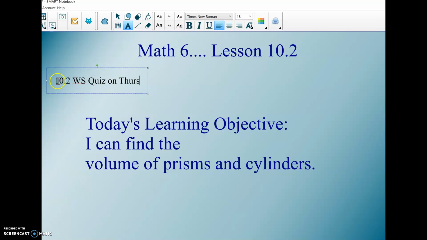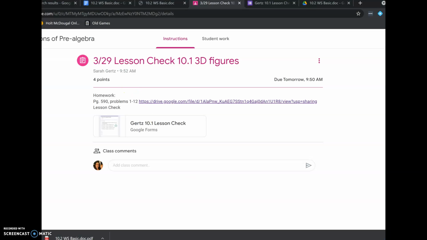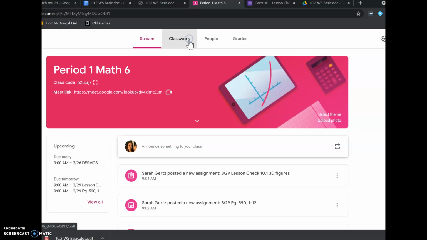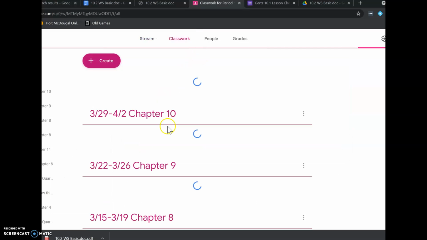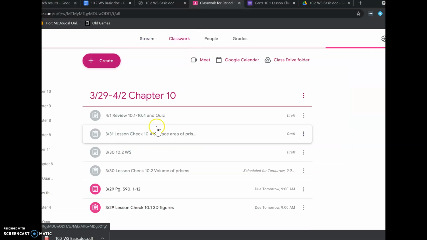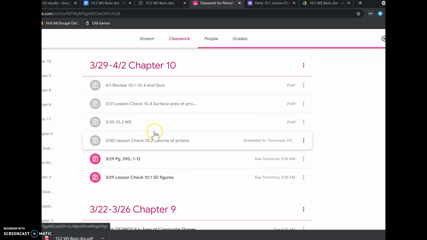So the worksheet should be in those piles of papers on the table on the side by the door. If you can't find the worksheet, then students will have it in Google Classroom, and they can just write their answers in their notebook. If you can find the worksheet, it'll look like this.